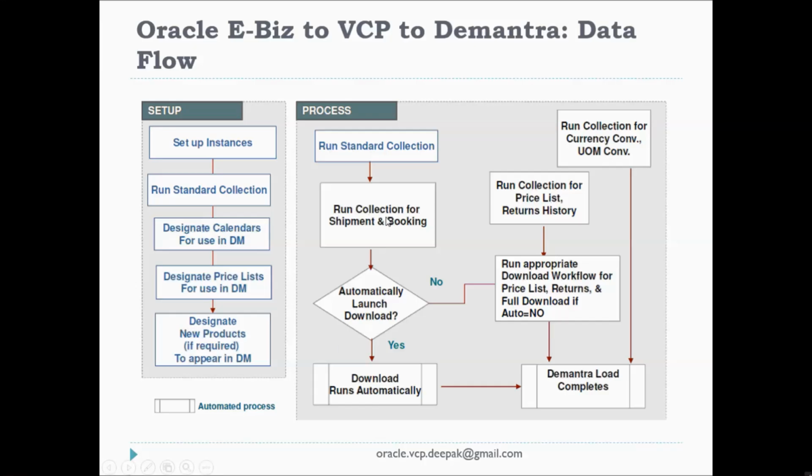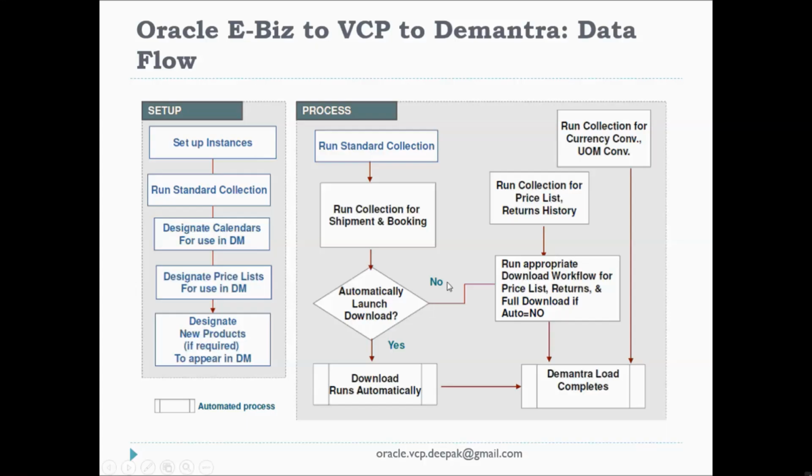While launching this collection, there is one option called automatically launch download, yes or no. If we select yes, then the EBS full download, our workflow in Demantra, will be automatically triggered at the end of this booking and history collection program. If we say no, then we have to run the corresponding workflows from the Demantra side.